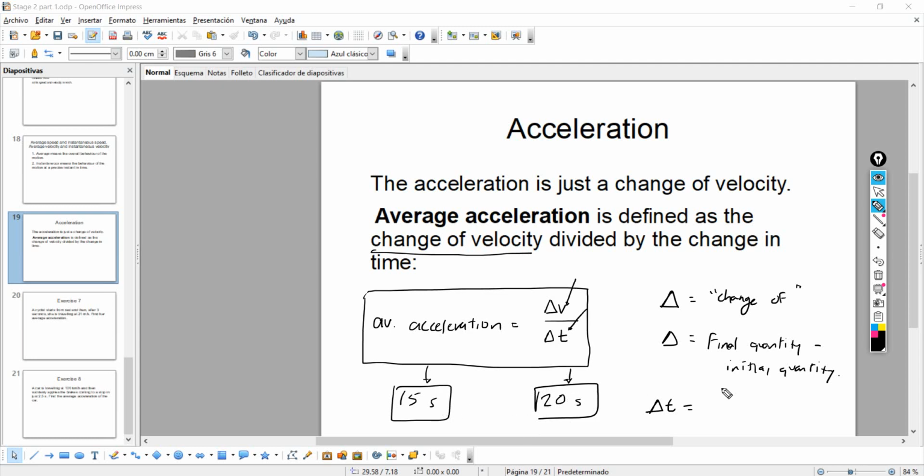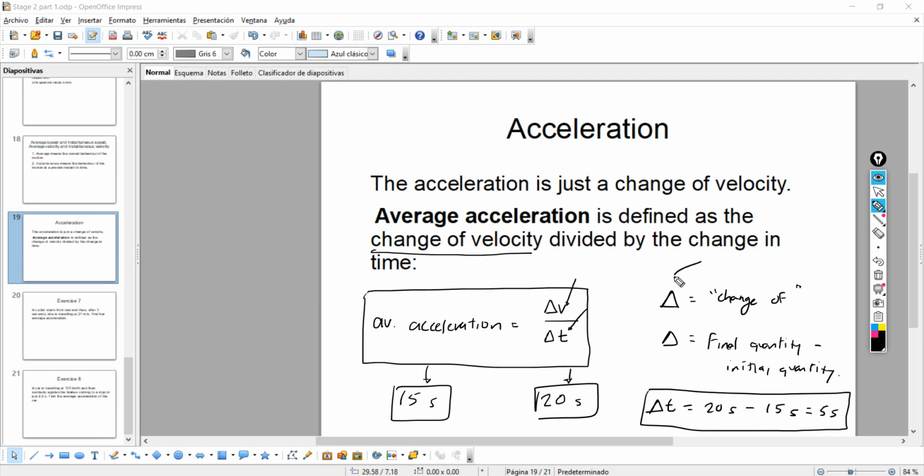That was the change in time. But let's apply this definition. This symbol is final quantity minus initial quantity. What was the final quantity in this experiment? This was the final quantity, so that's gonna be 20 seconds. And what was the initial quantity? It was this one. So minus 15 seconds, and you will get 5 seconds, right? So the change of time was 5 seconds. That's how this symbol is used.